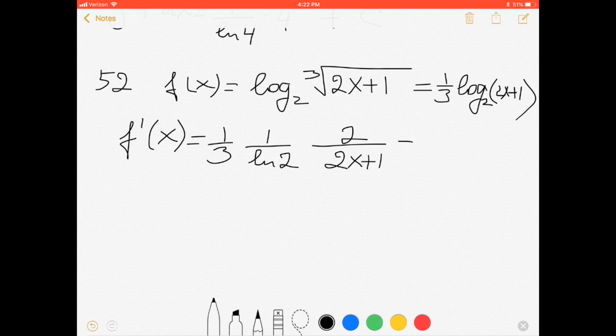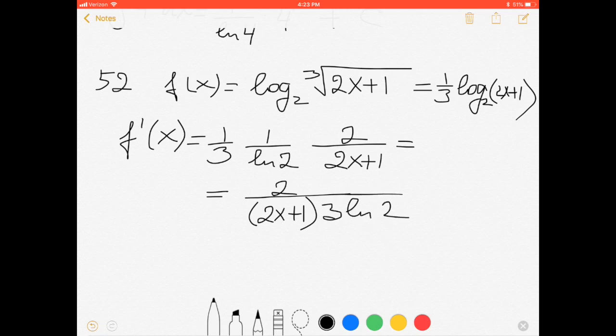We're done, but it is better to rewrite it a little bit: 2 over 2x plus 1 times 3 ln 2. This is my final answer. Okay.